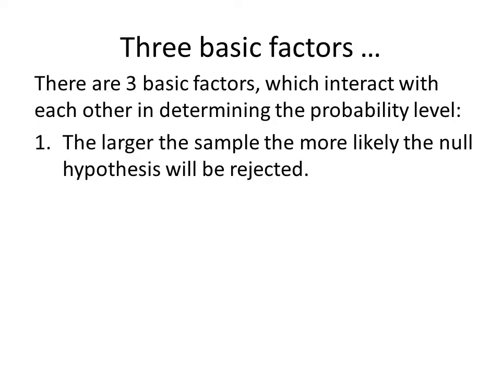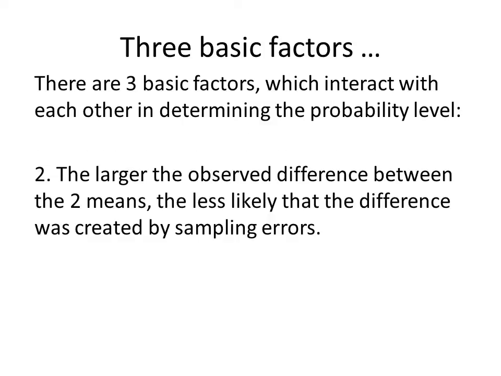So, there is also, if we look at this, the larger the samples, the less likely the difference between the two means was created by sampling error. So we've already kind of talked about that.